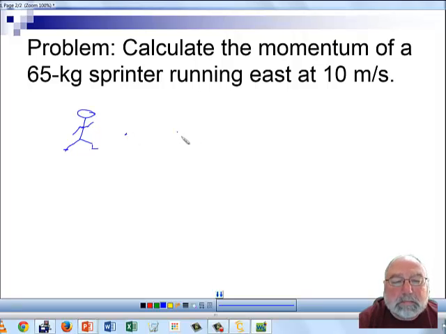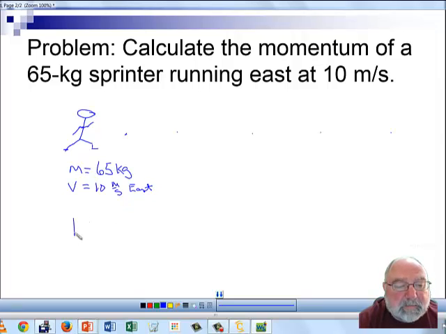Every second it's going 10 meters. The mass of the sprinter is 65 kilograms, and the velocity is 10 meters per second east.